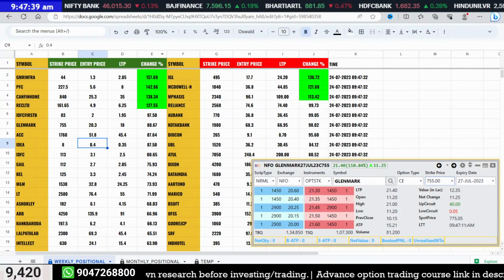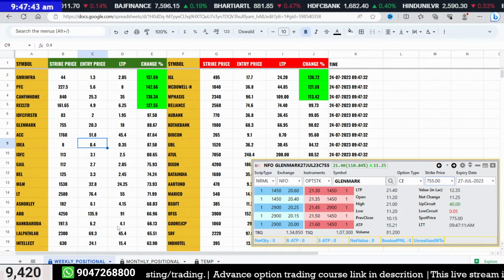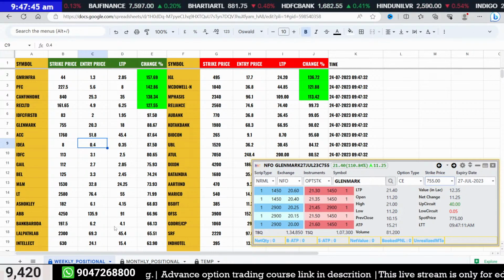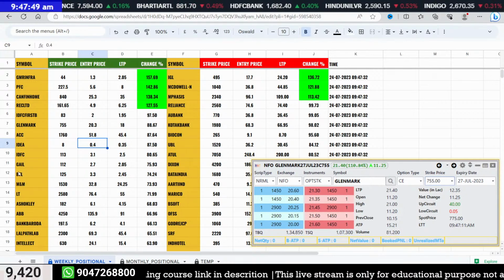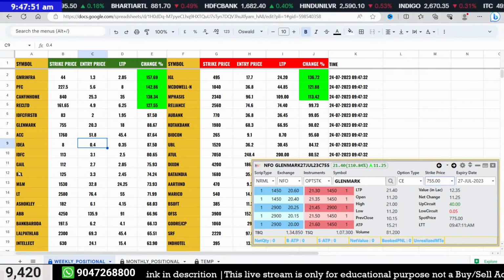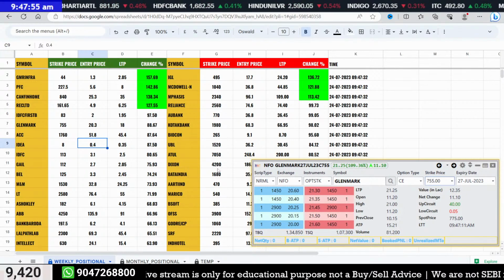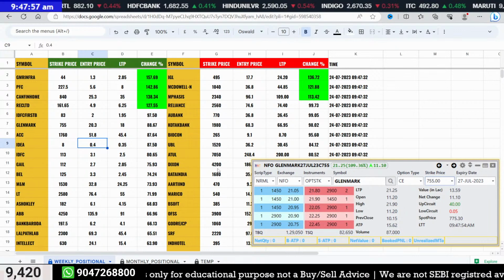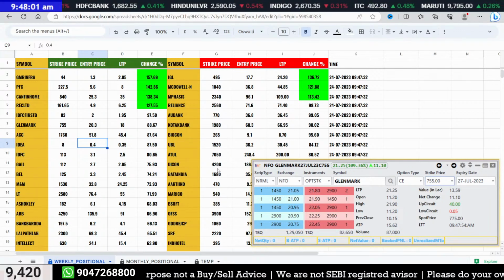Okay, so almost 50 contracts are traded at 20 and 21. So there is a gap between buyers and sellers. Our entry point on Glenmark is around 20.3. It has already crossed, but it is not trading with liquidity. So look at this buyer-seller gap, the last traded price is varying.